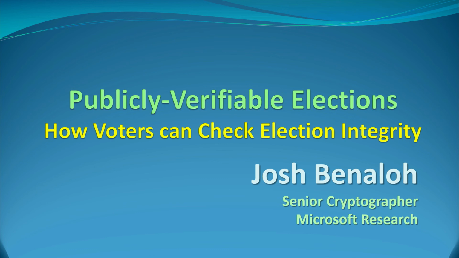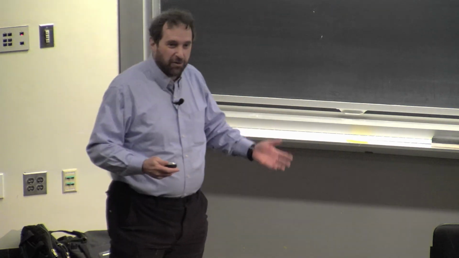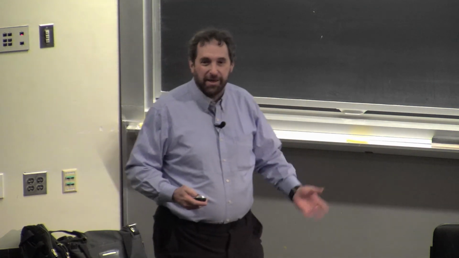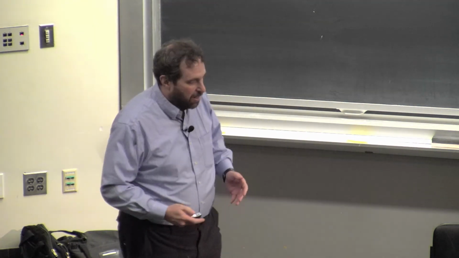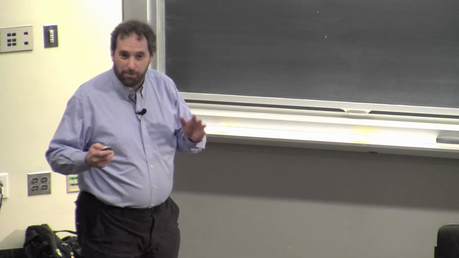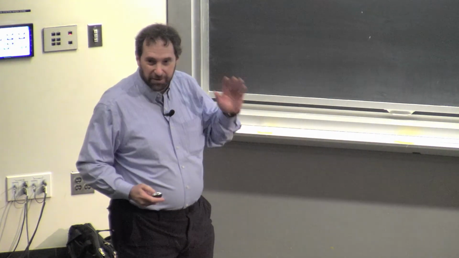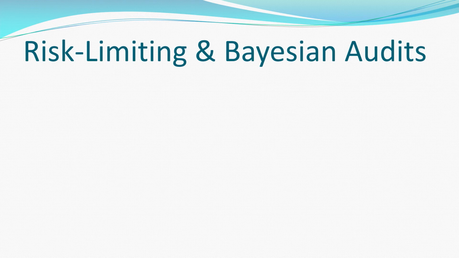I'm talking about not a comprehensive audit so much as an alternative to what we were hearing about all day yesterday. RLAs, Bayesian audits are a very important kind of thing. I want them done. I want every contest and every election to have an audit of this sort.